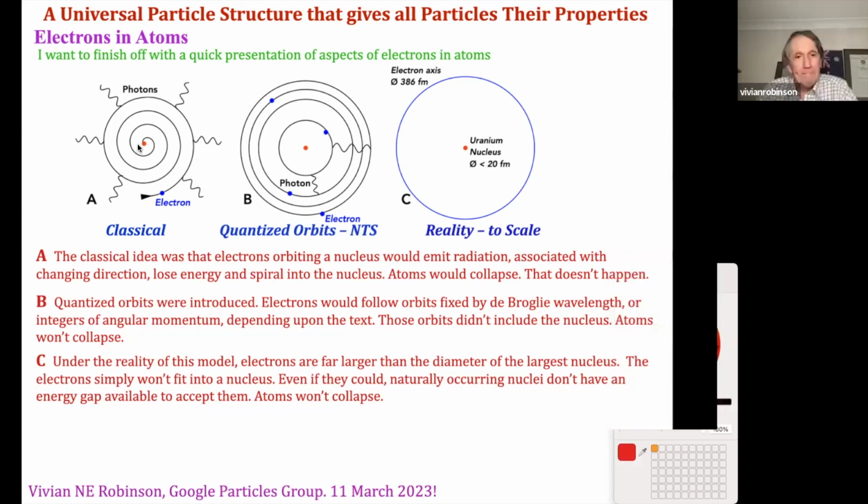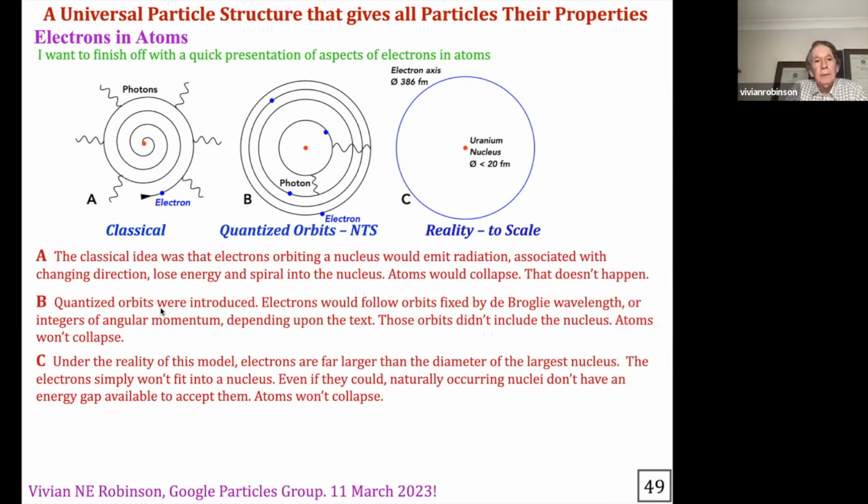It doesn't happen. So to overcome that, it was postulated that orbits are quantized, depending on which books you read. Fixed orbits follow fixed de Broglie wavelengths or integers of angular momentum. The orbits don't include the nucleus, and because they're fixed, they don't have to emit photons to change direction. The nucleus won't collapse, problem solved.